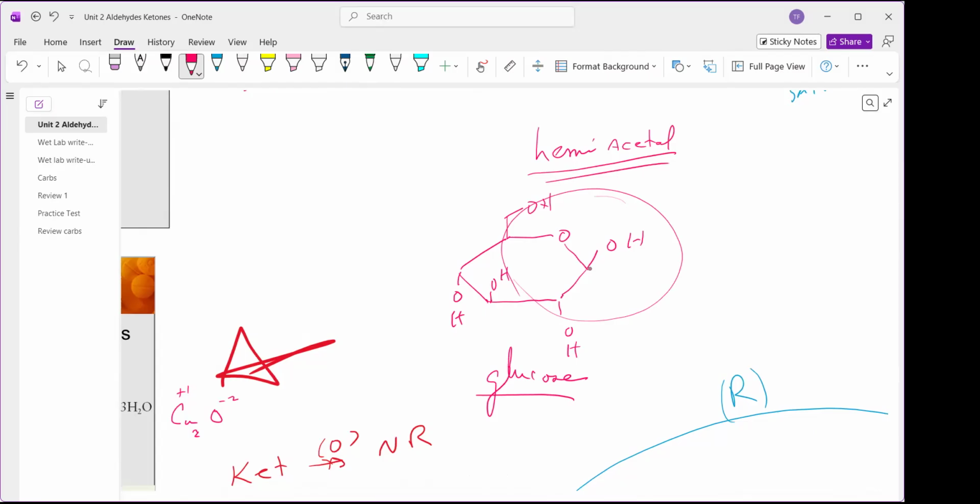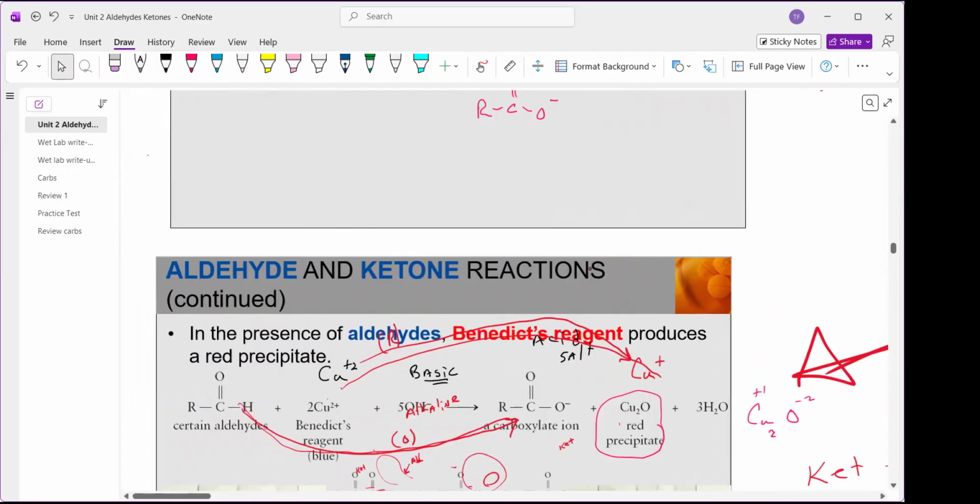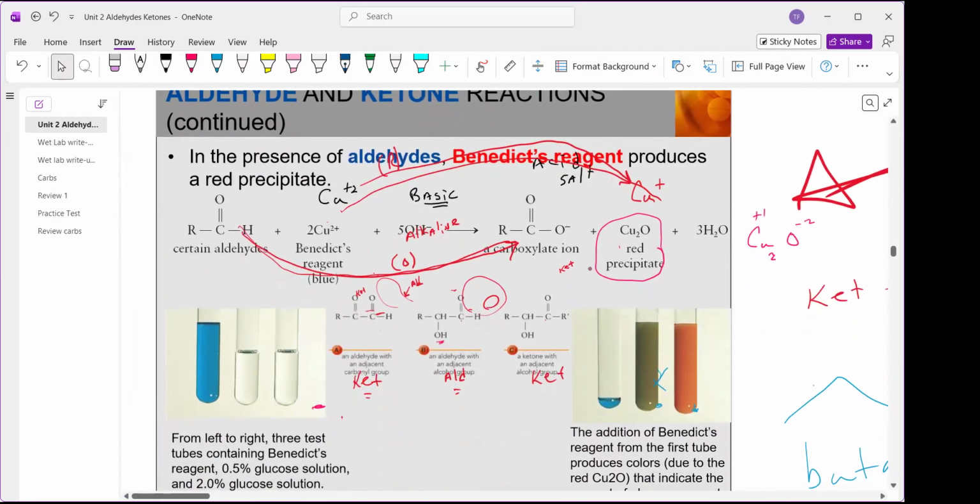Hemiacetals can open up to an aldehyde and a hydroxyl group, which is exactly one of the exceptions right here.